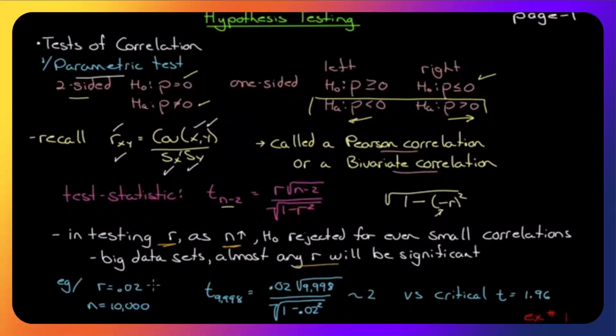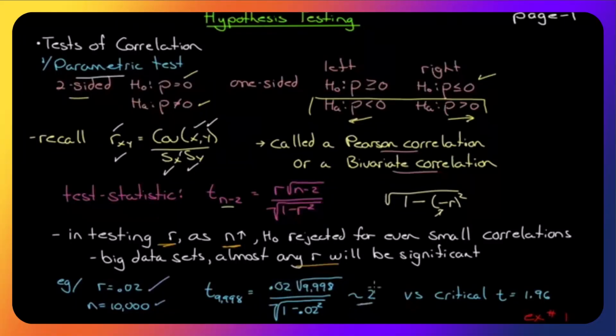So let me show you. Let's say that we find an R of 0.02, which is saying that there's almost no relationship between those two variables. It's so close to 0 as to say that they're completely random to each other and independent. But we have 10,000 data points. So let's calculate our test statistic. This will end up being roughly 2, because the denominator will be very close to 1 and the numerator is almost the square root of 10,000 times 0.02.